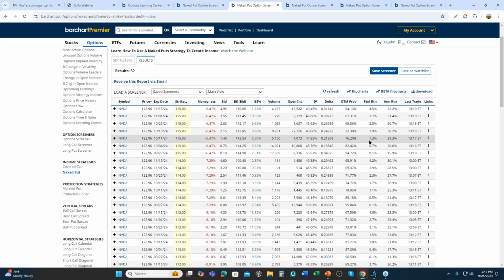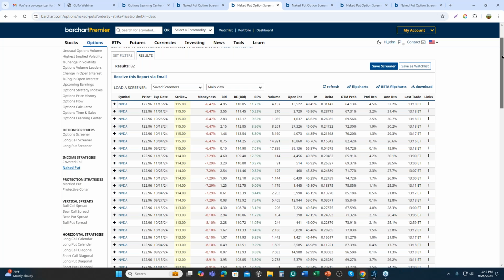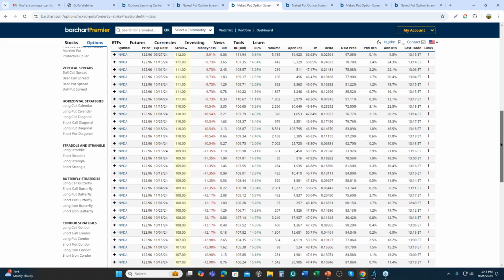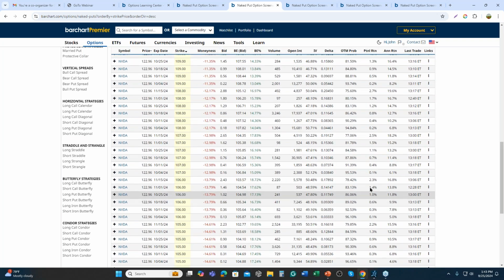what are the returns that I'm going to get, what are the probabilities based on the time I'm giving my option buyer, and maybe I might give away a little bit of profit to gain a higher probability that I will not get exercised.